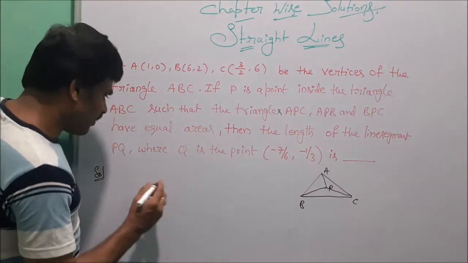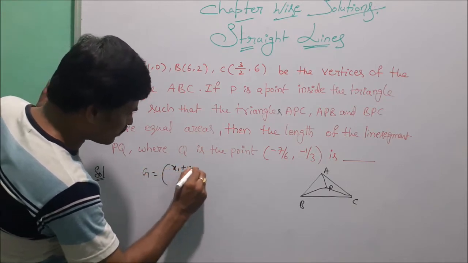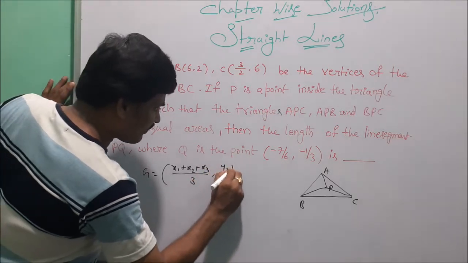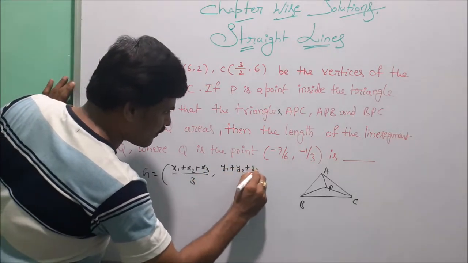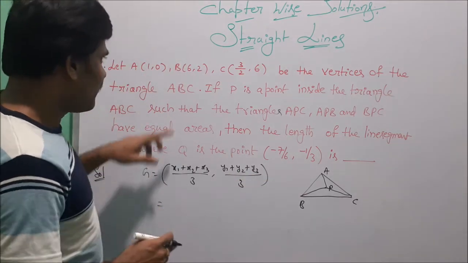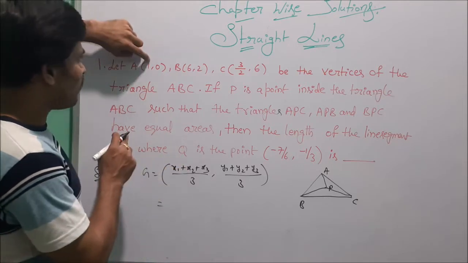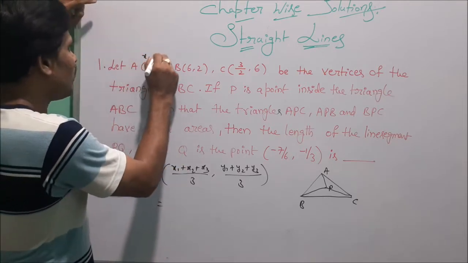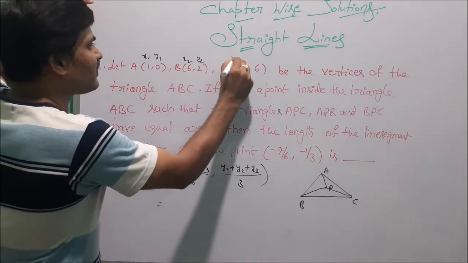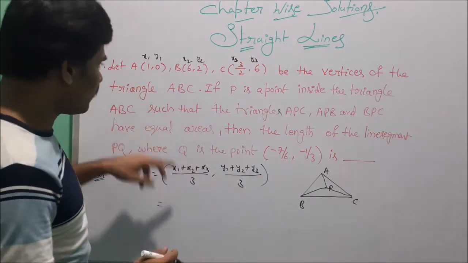Using the centroid formula, G equals (x1 plus x2 plus x3 by 3, y1 plus y2 plus y3 by 3). Now the vertices are substituted in this: x1 is 1, y1 is 0, x2 is 6, y2 is 2, x3 is 3 by 2 and y3 is 6.